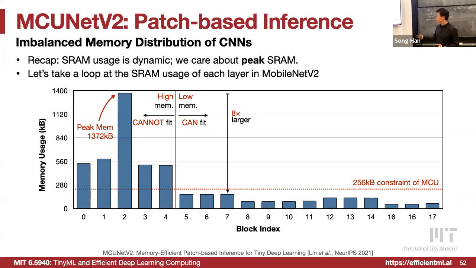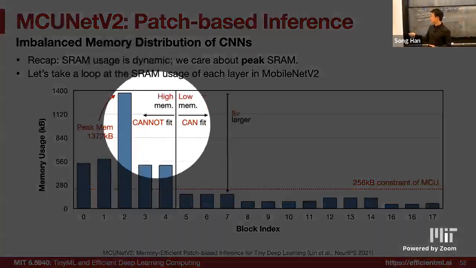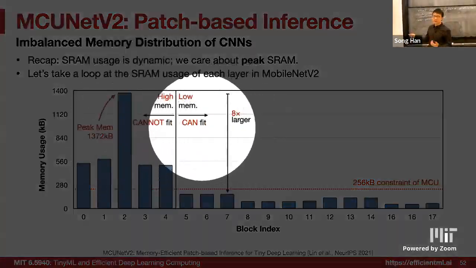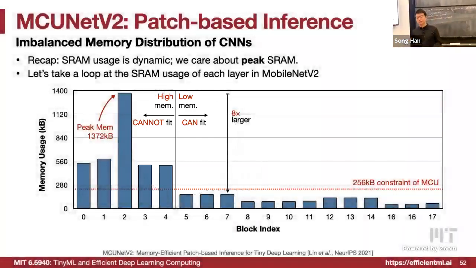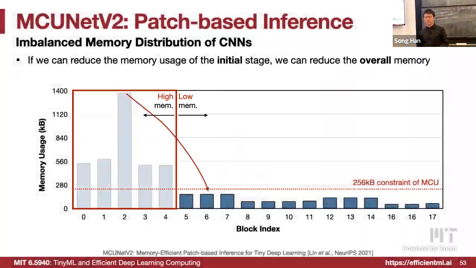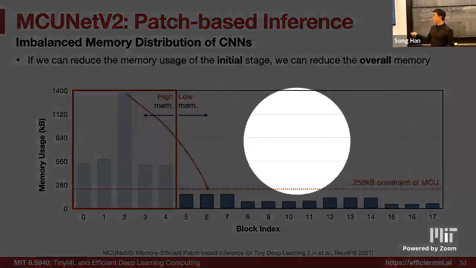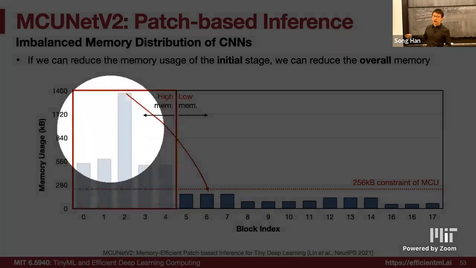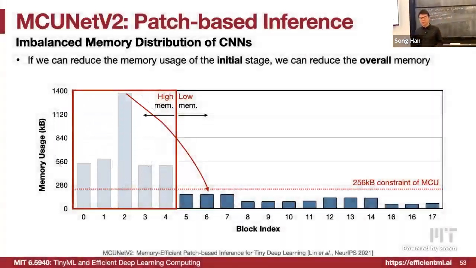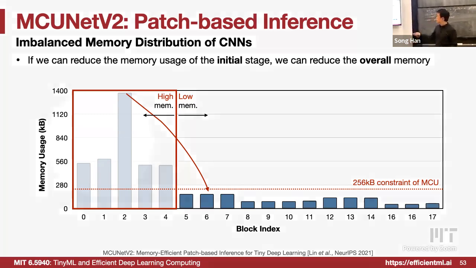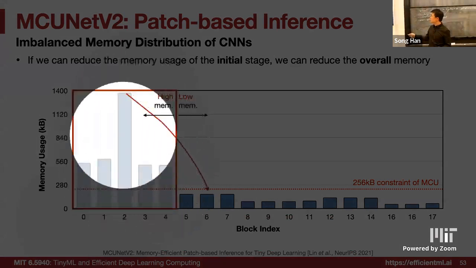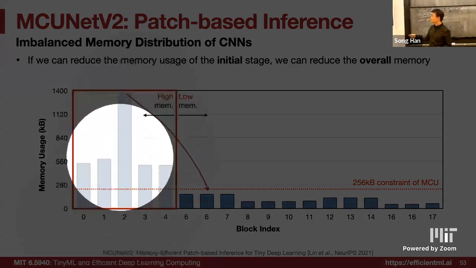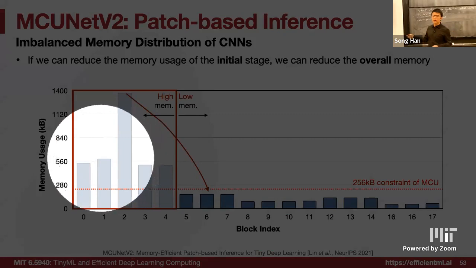But before layer 5, especially layer 2, is actually 8 times larger compared with our constraint. So only the later blocks can fit. But the first couple of blocks have very high memory consumption. They cannot fit. So if we can reduce the memory usage of the initial 5 stages, then we can reduce the overall memory.